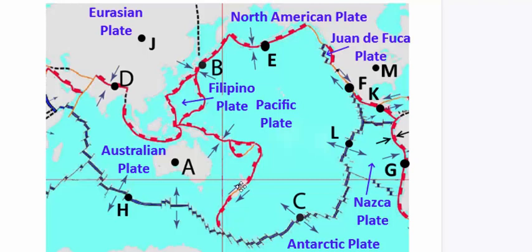Now, what we mean by oceanic or continental is what's in the boundary. For example, when we look here, both sides of the boundary, we have ocean. So it is an oceanic convergent plate boundary. Here again, ocean on both sides. So it is an oceanic divergent plate boundary.